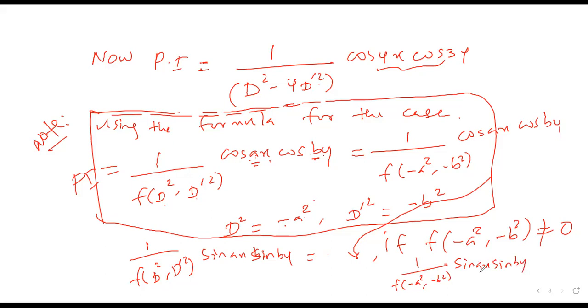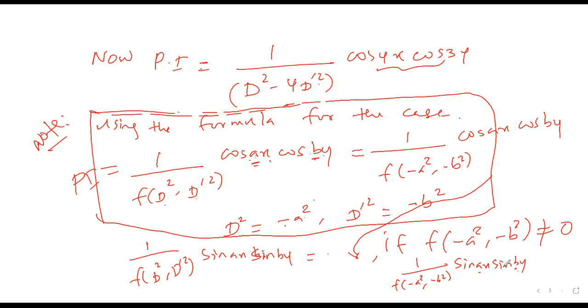The only thing is you have to take the x coefficient for d squared and the y coefficient for d dash squared, the same thing, but according to cos and sin. For cos, you put cos ax cos by; for sin ax sin by, you put the RHS as it is. So can you find the PI according to this?